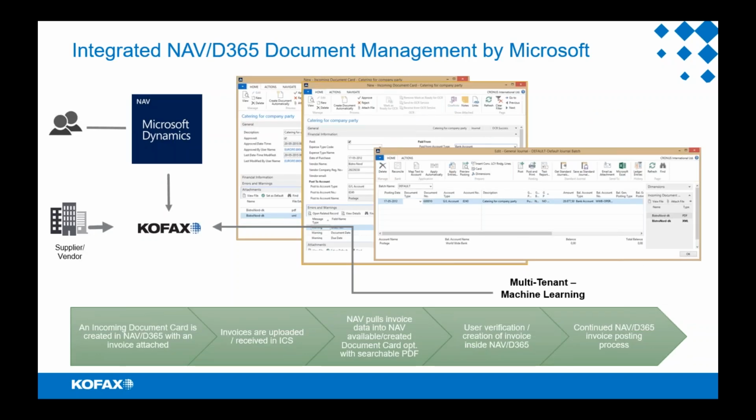This is basically what Microsoft provides for routing, for transferring of information, for synchronization of master data, doing all the things you would typically want and need in order to process your invoice through the system. Microsoft provides this as part of their user interface within NAV, and then it's connected back to our back-end system.